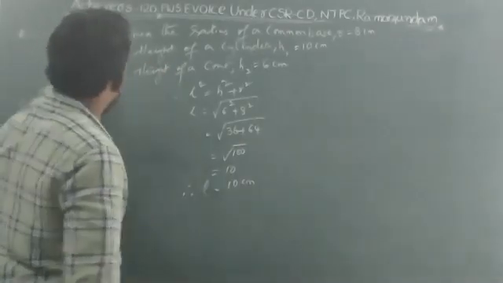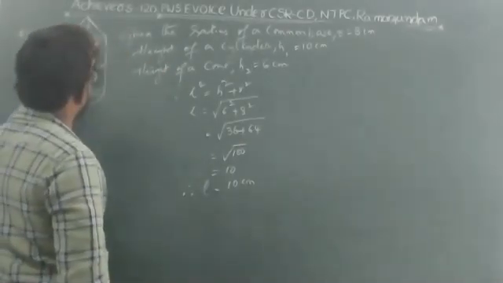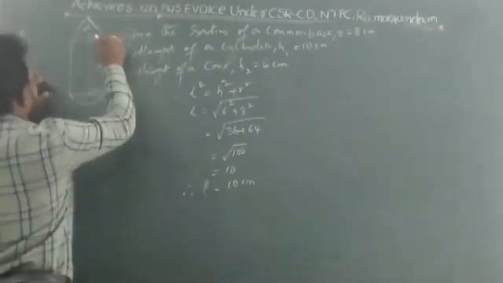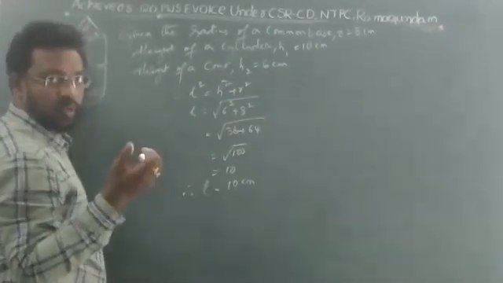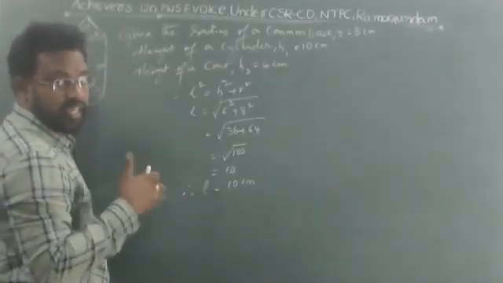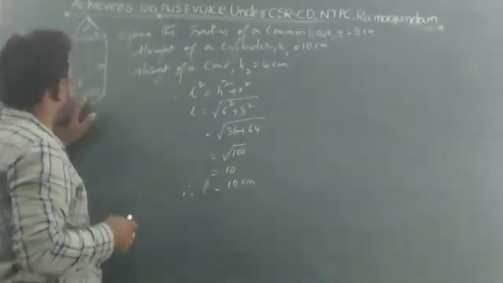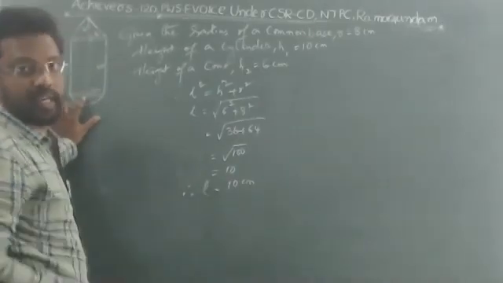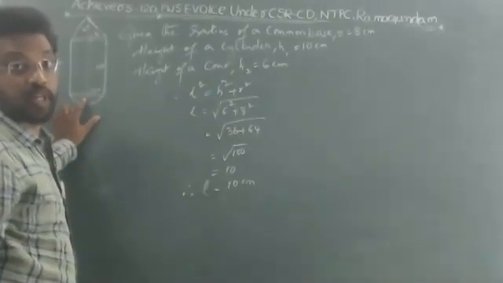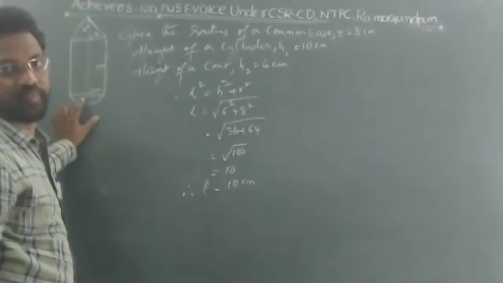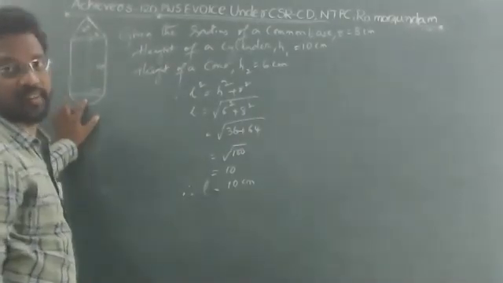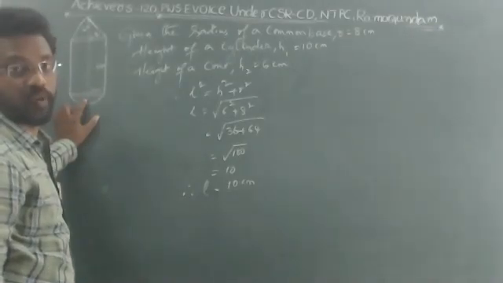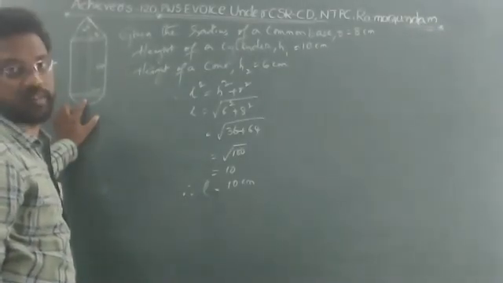So we have pi r l, where r is 8 centimeters and L is also there. For the cylinder, 2 pi r h, where r is 8 and h is there. And the formula for the hemisphere is 2 pi r square, which gives the curved surface.